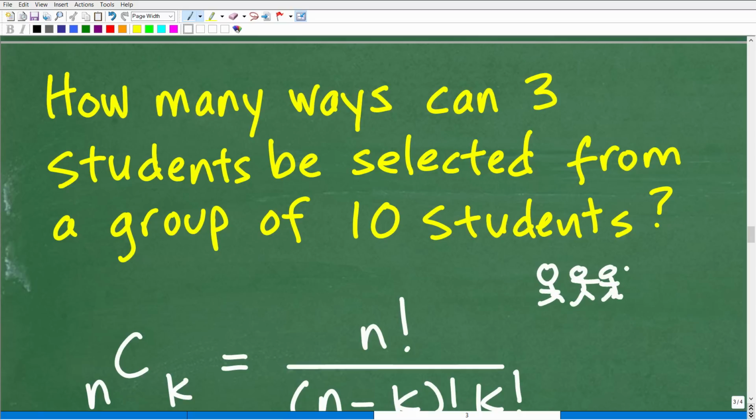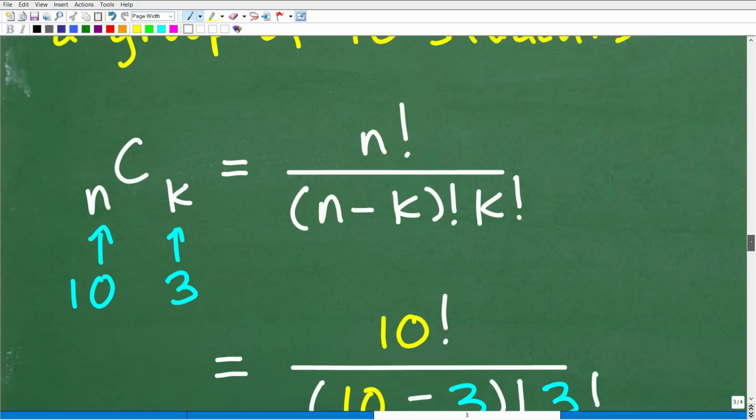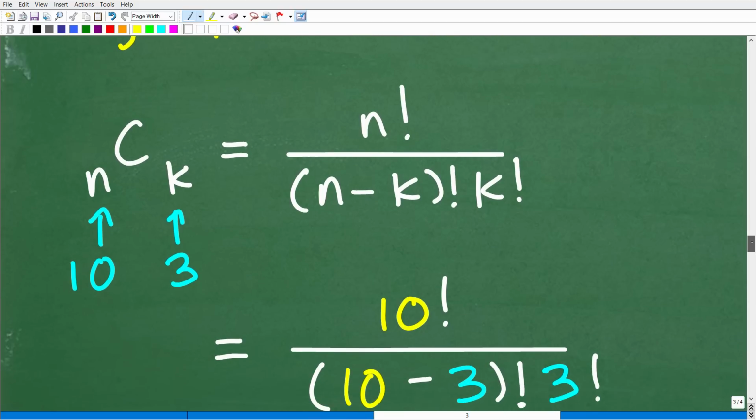Play around with it. Take a quick moment and be clear about it one way or another. And here you're going to say, oh no, order does not make a difference. Therefore, I'm going to be thinking combinations. So we're asking how many combinations of 3 students out of 10 students can we create, okay? And to figure that out, we need to use the combination formula.